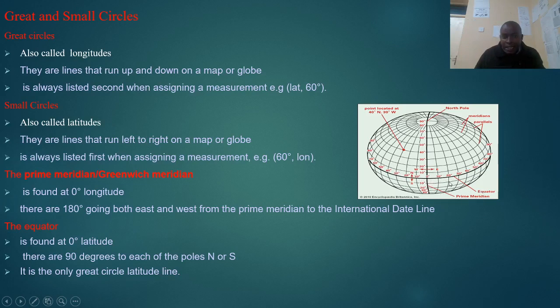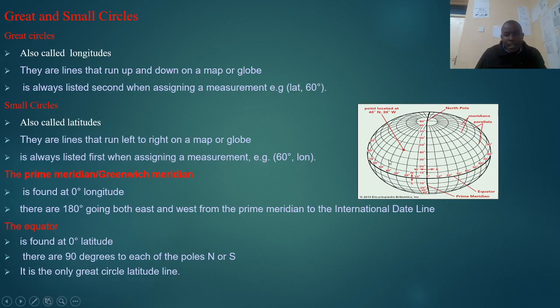They are 90 degrees to each of the poles, that is either the North Pole or the South Pole. From the equator to the North Pole is 90 degrees, and from the equator to the South Pole is also 90 degrees. And the other side, we have said this is 180 degrees.